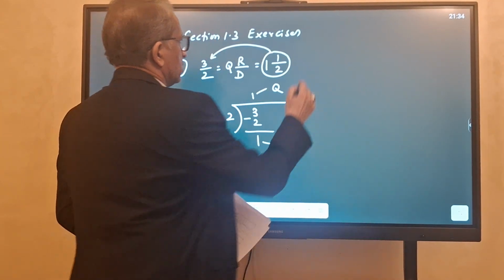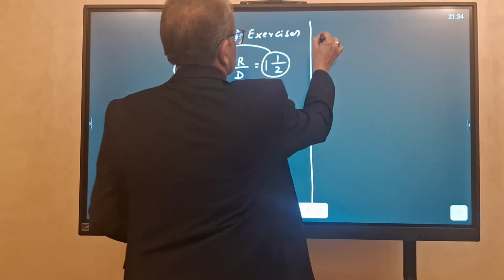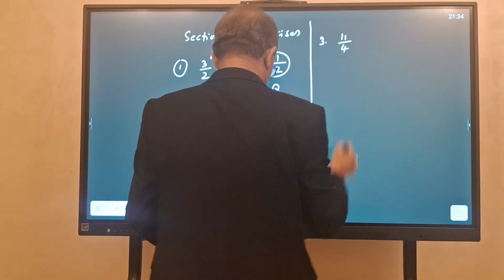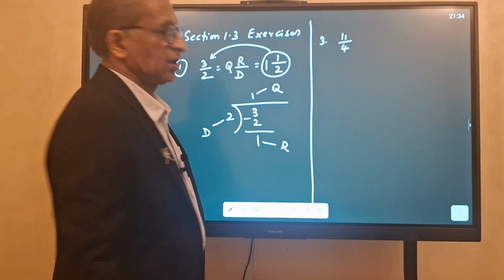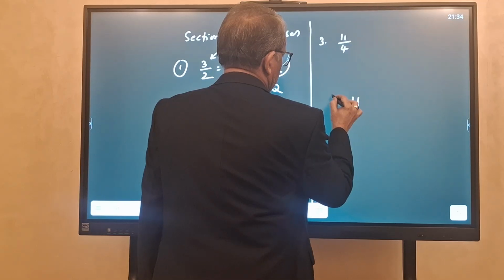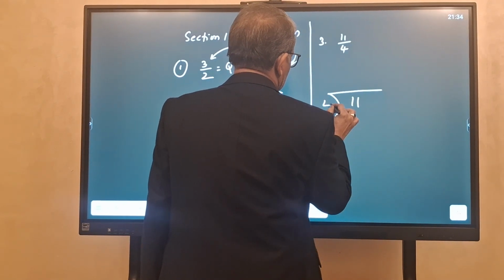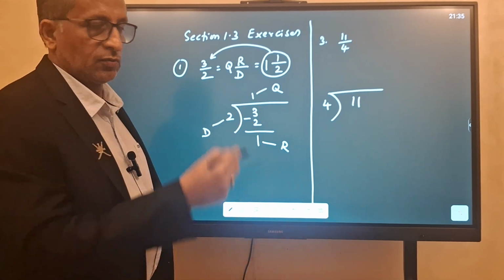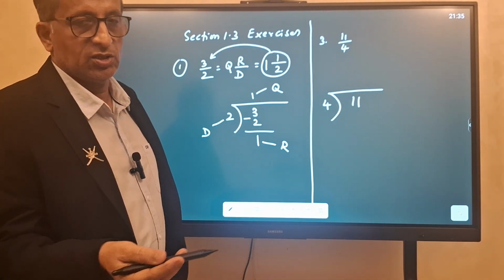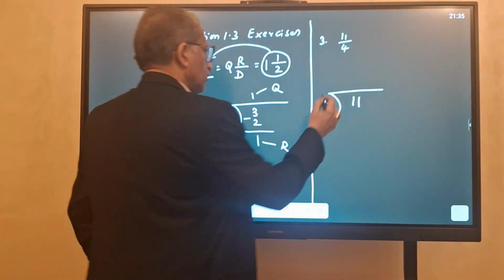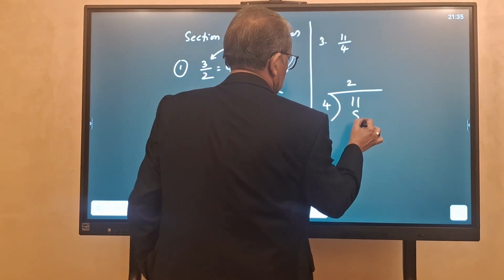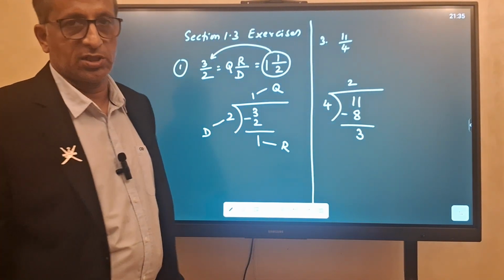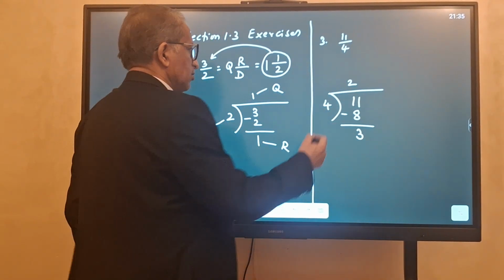Let's do one more question, number 3. It is 11 divided by 4. Again, we divide. 4 into 1, 4. 4 into 2, 8. 4 into 3, 12. I will not take that. So I will go for the nearest. So 4 into 2, it is 8. Minus, it is 3. Stop it here, means don't take the decimal value also.